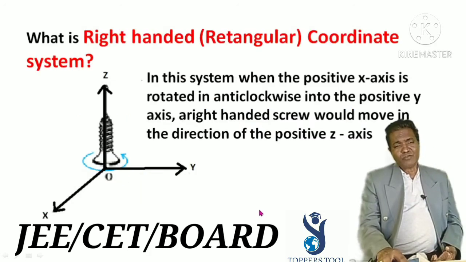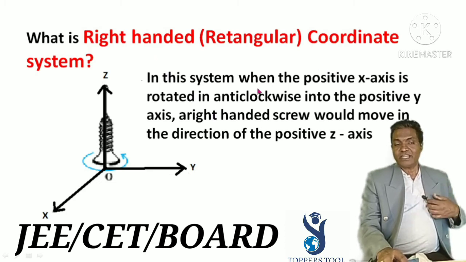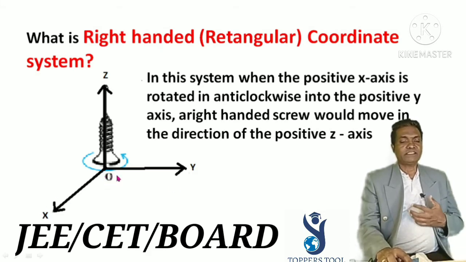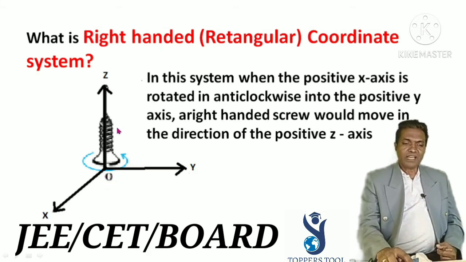Okay, so now we'll move on to the right-handed coordinate system, which is also called the rectangular coordinate system. So let's understand. Here are three mutually perpendicular axes, that is x-axis, y-axis, z-axis, and one screw is placed along the z-axis.